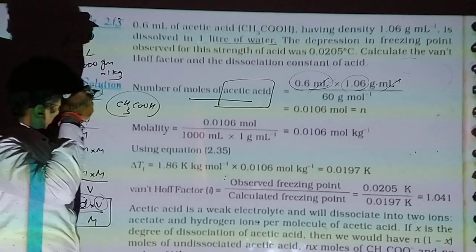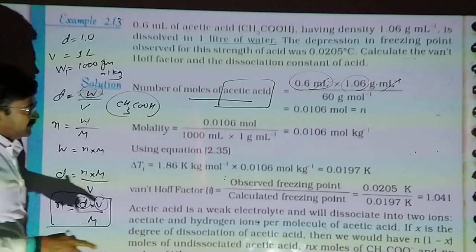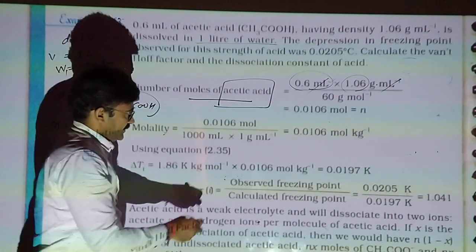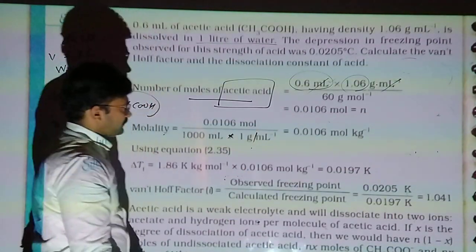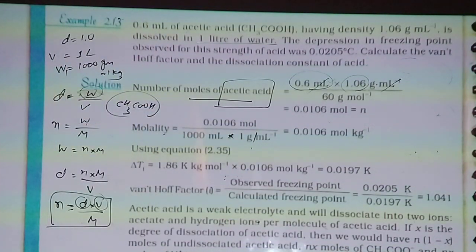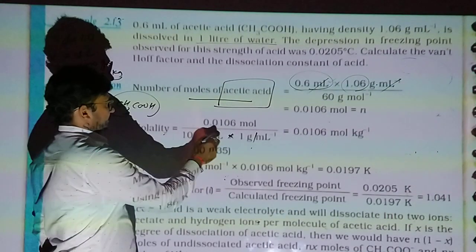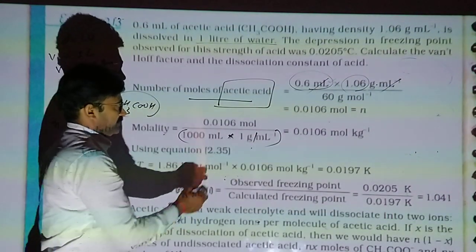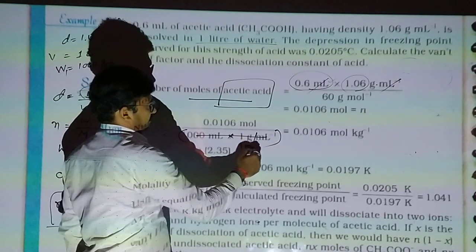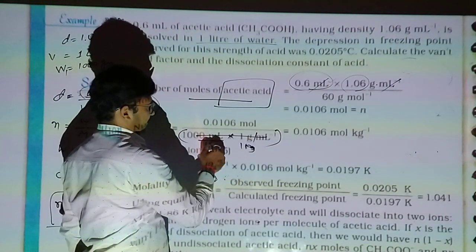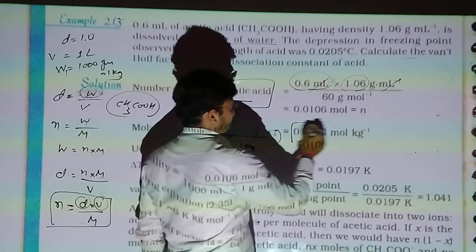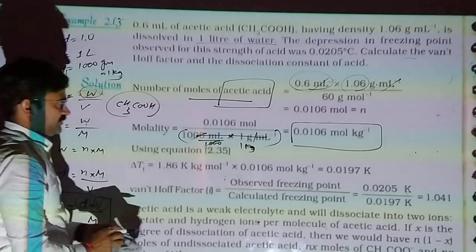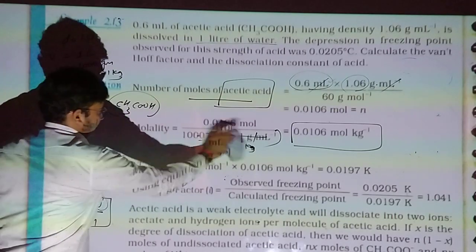So 0.0106 over 1000 milliliter. Now density is 1 gram per milliliter, so here milliliter we have to convert into kilogram. So mole per kilogram, divide by 1000. Mole per kilogram gives molality. So 0.0106 molality.